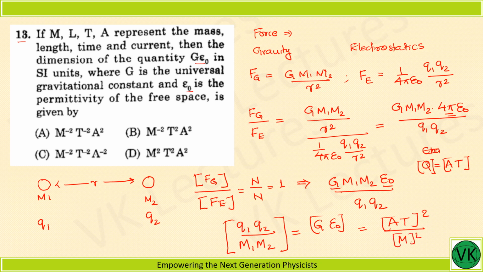So in general what we are getting is A to the power 2, T to the power 2, M to the power minus 2. So this is A squared T squared M to the power minus 2.